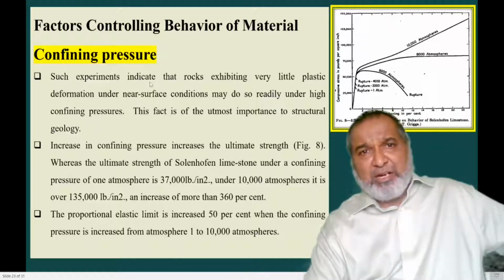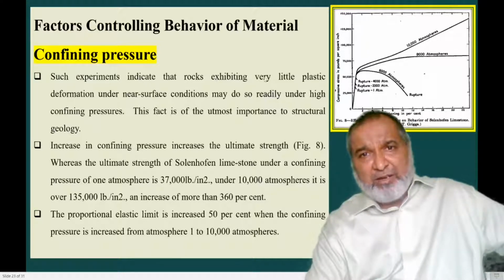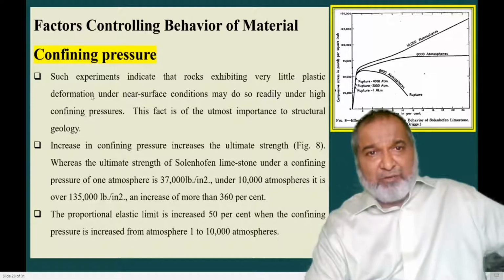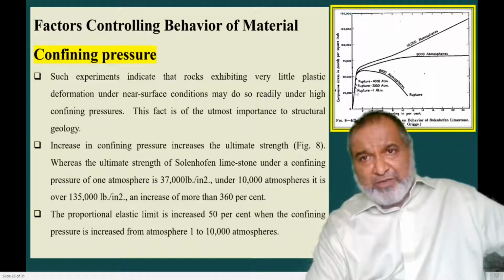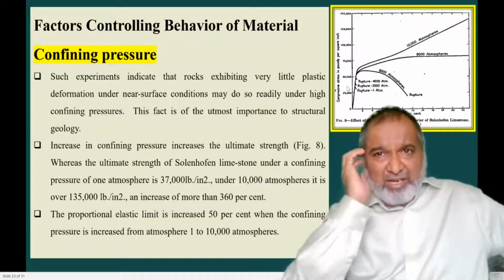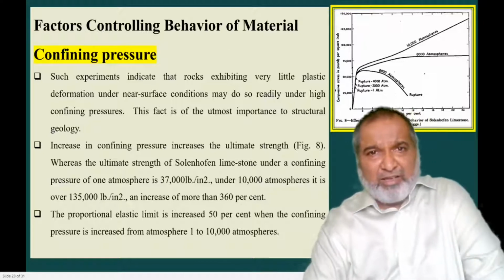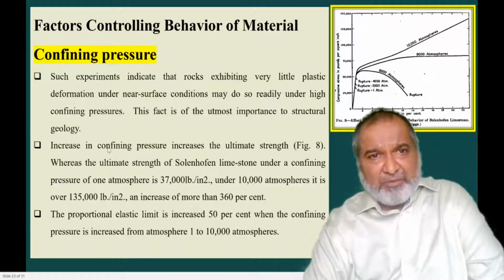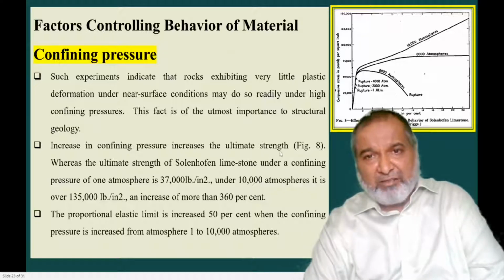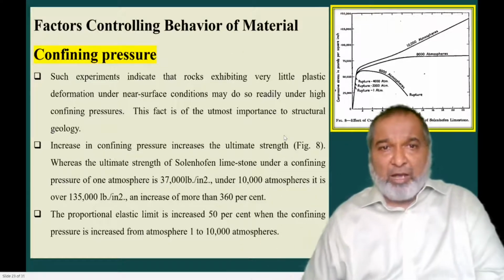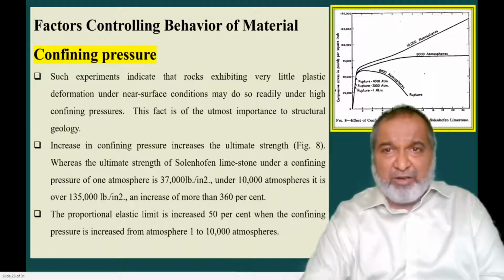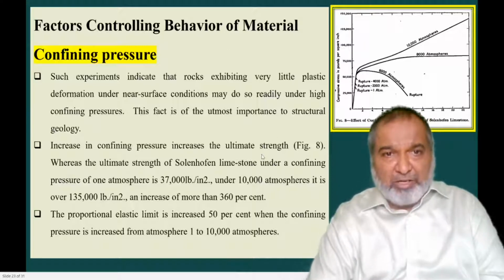Such experiments indicate that rock exhibits very little plastic deformation near the surface. You can see near the surface it shows very little deformation. So the plastic limit is very low in atmospheric conditions. Increase in confining pressure increases the ultimate strength. So once you go on increasing the confining pressure, the ultimate strength is also going to increase.